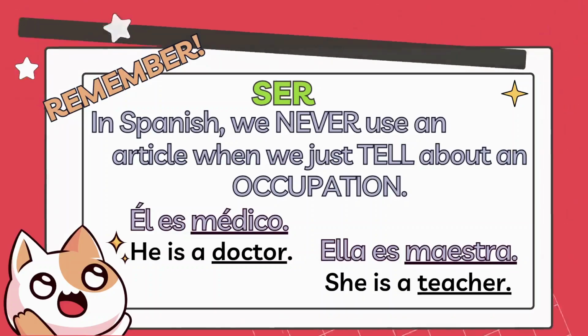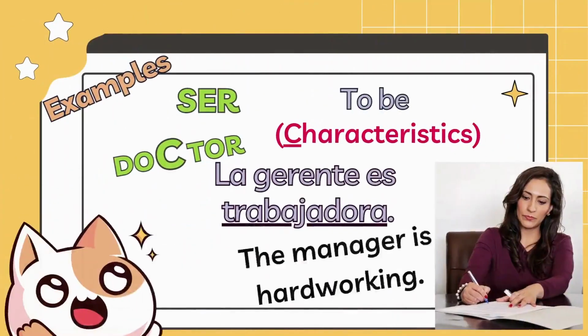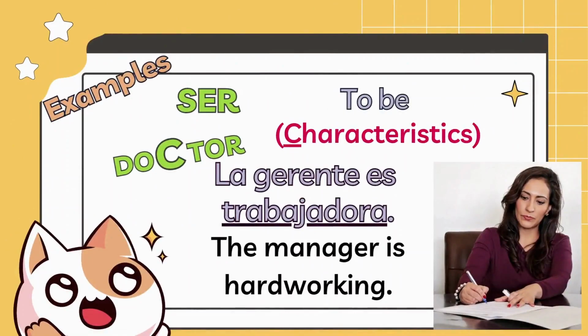Another use of SER could be when we have to talk about the characteristic of someone. So the C in doctor can mean characteristics. For example, the manager is hardworking. La gerente es trabajadora. That's a characteristic of this person.